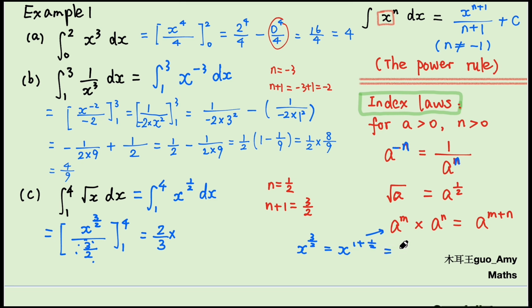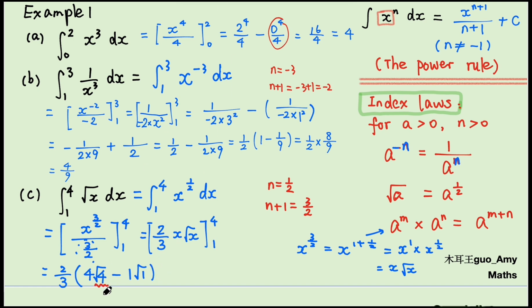Then it will be equal to x to the power 1 times x to the power a half, x times root x. Then we are going to record here. We will have 2 over 3 as a common factor, and substitute 4 minus 1 times root 1. Now we know root 4 is equal to 2, and root 1 is just 1.